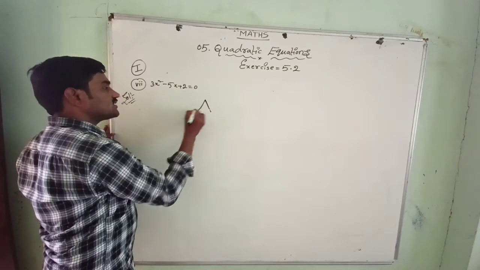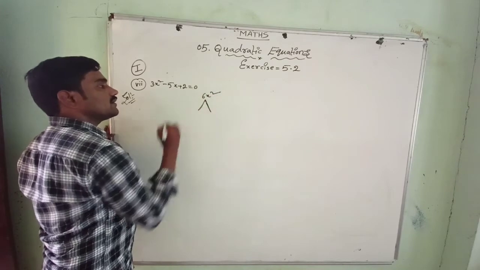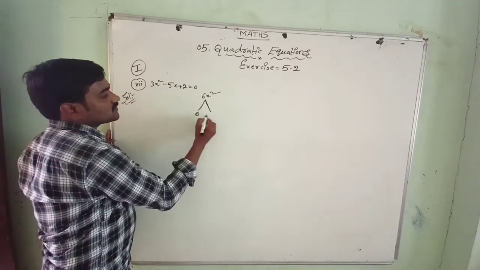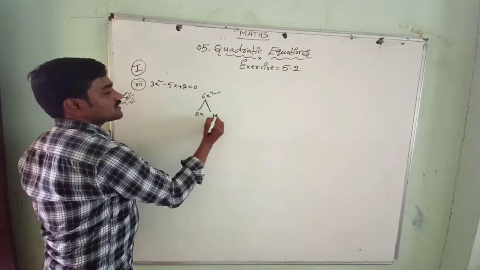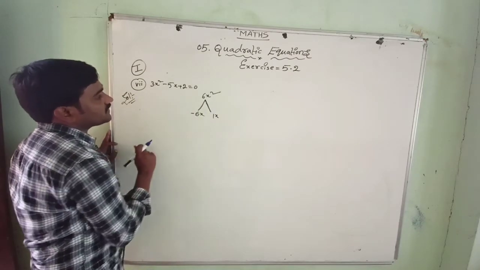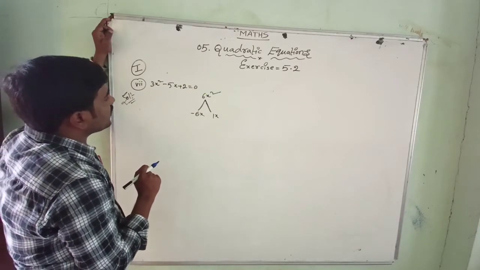See what we get actually: 3 into 2 is 6, that is 6x square. Then how can you write here? We have to get 6. We write 6 ones are 6, x into x square, minus 5x we know minus we write here. But see, we won't be getting it like that.